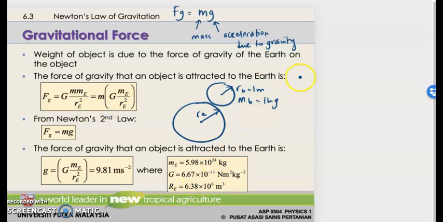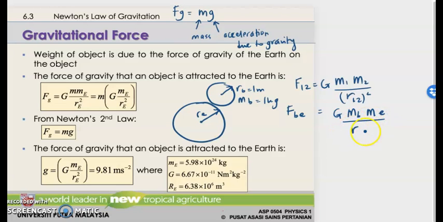Okay, so to use the equation that we learned earlier, F12 equals G mass 1 mass 2 over R12, sorry, it's R12 squared, right? If I were to use this in its original form, this would be F ball Earth equals G, mass of ball, mass of Earth, over R ball plus R Earth squared.